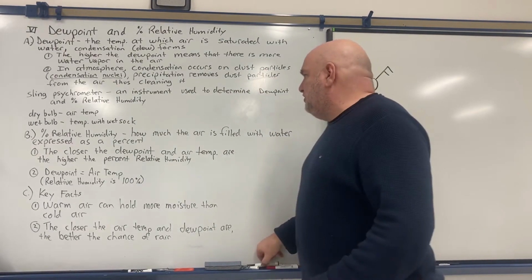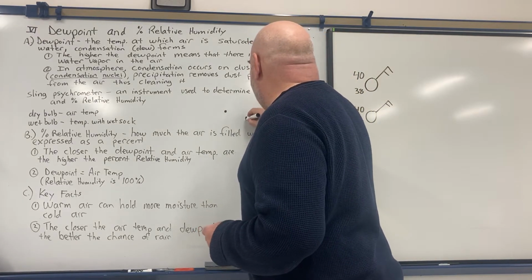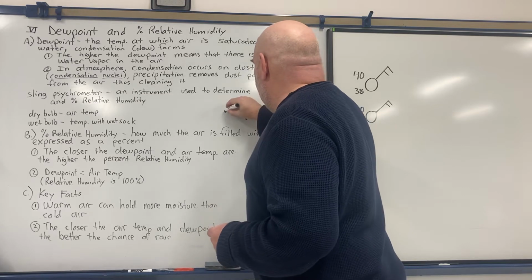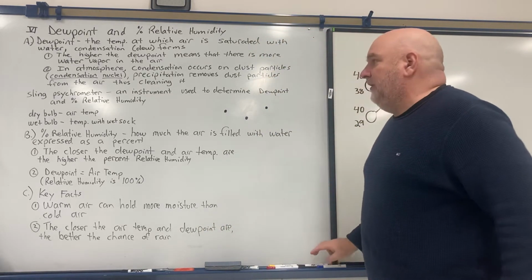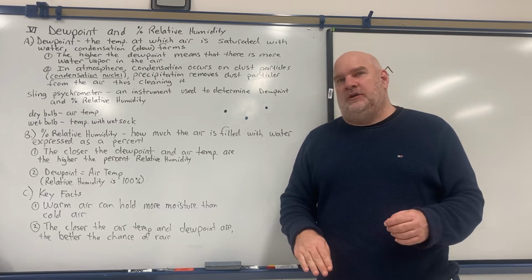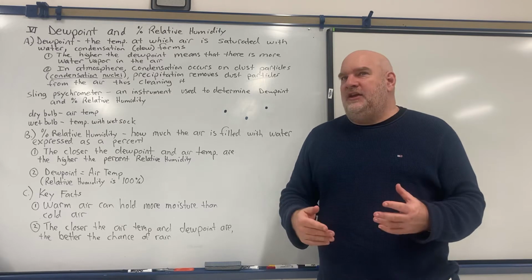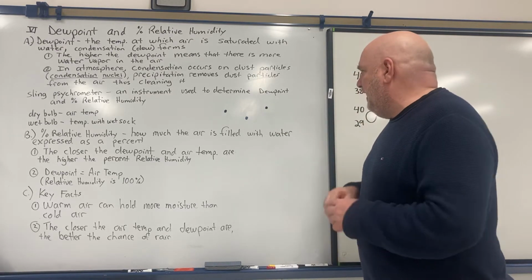So what kind of surfaces do we have up there? We have dust particles in the atmosphere. When the air goes down to the dew point temperature, dew or condensation starts to collect on dust particles that are floating in the air.